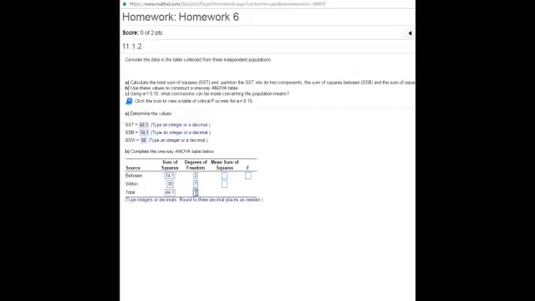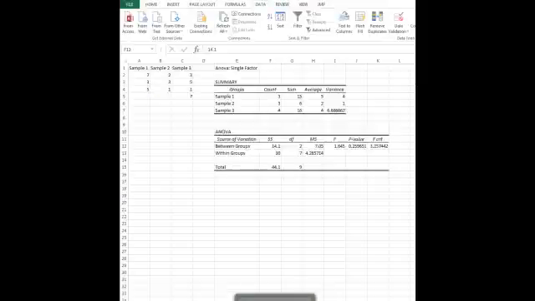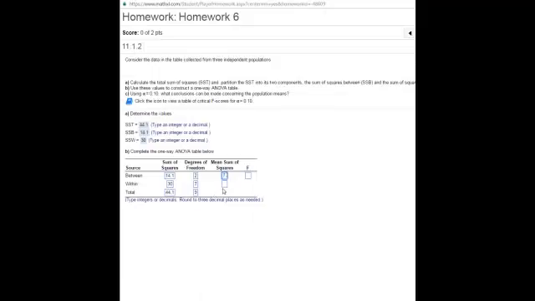Oops. And then our mean sum of squares, we have 7.05, and 3 decimal places for the things that go out farther.